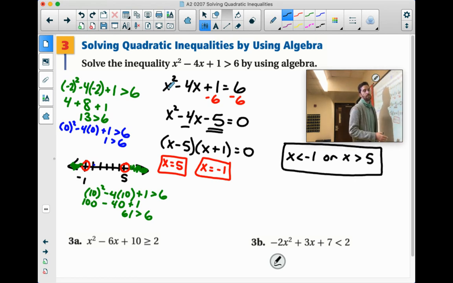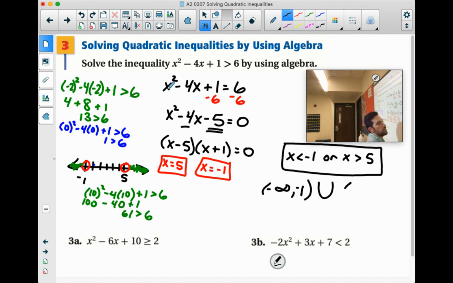So the way we can write that in interval notation would be, so less than negative 1, we could write that as negative infinity to negative 1, and that gets a parentheses, right? Because it's just less than. In union with greater than 5, you would write as positive 5 to positive infinity.